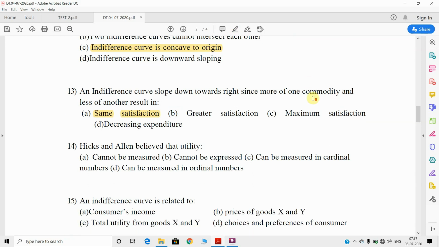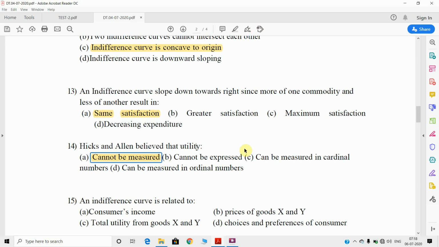Next, 14th, Hicks and Allen believed that utility cannot be measured, because Hicks and Allen developed the indifference curve. So the answer will be, sorry, it cannot be measured.